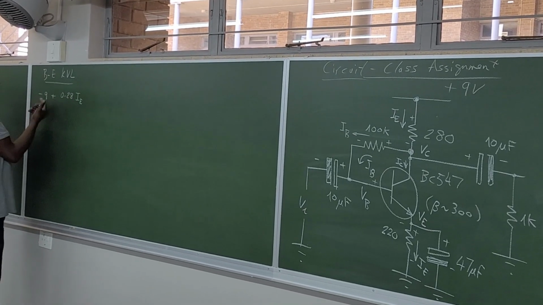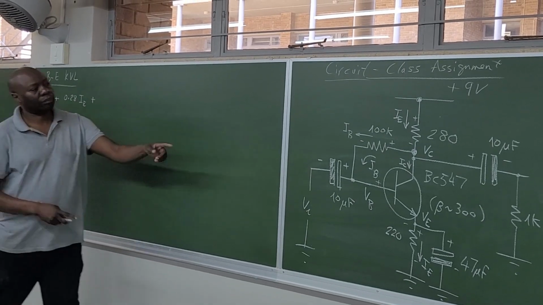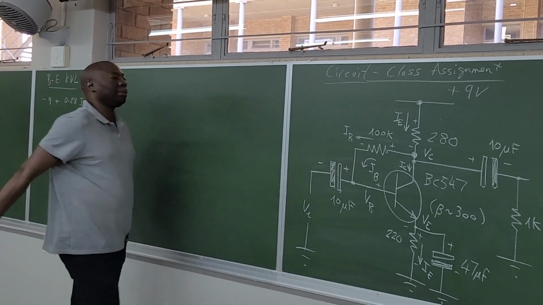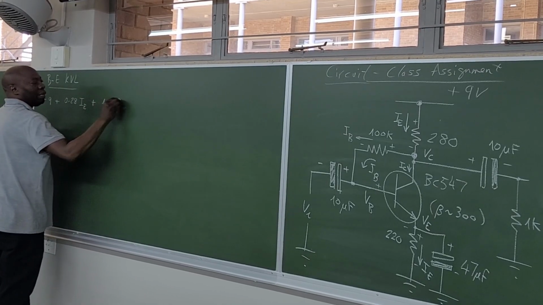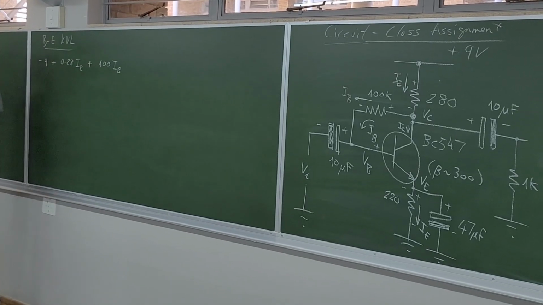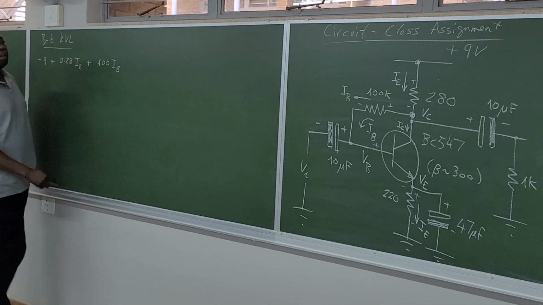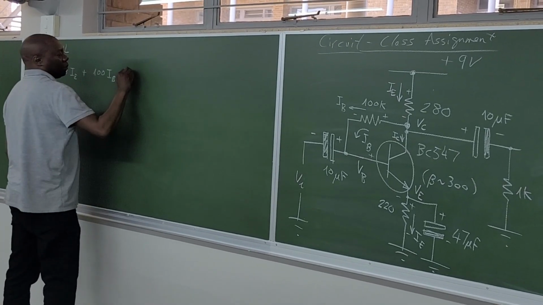K milli will give us volts, okay? And then plus this one, 100K already. IB is definitely going to be in milli, isn't it? It's going to be milli plus VBE.